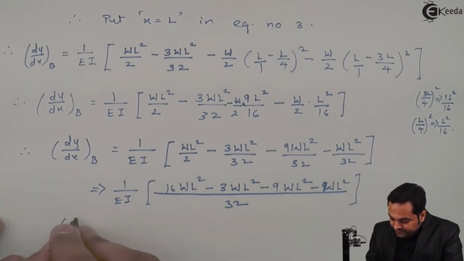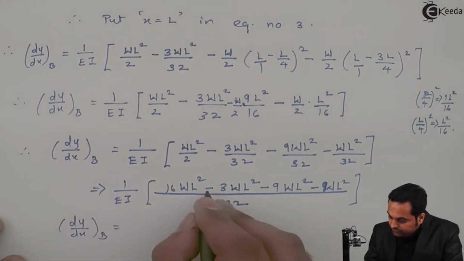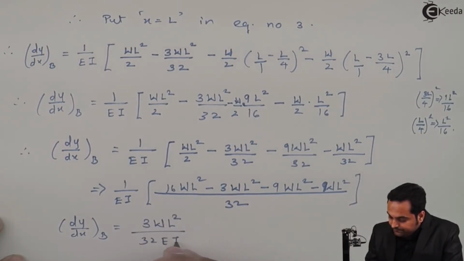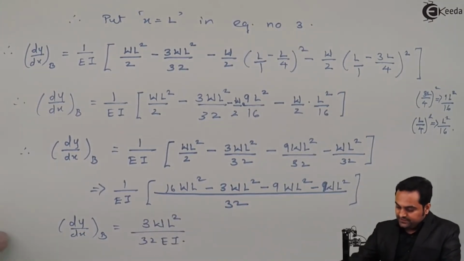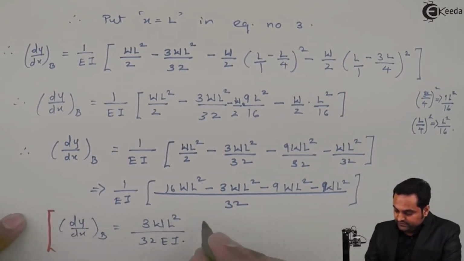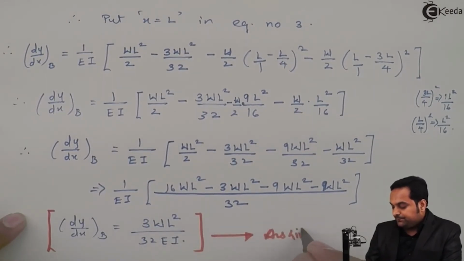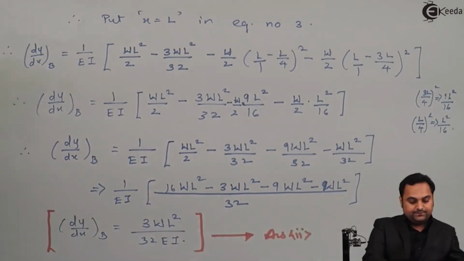So dy by dx at B is equal to 3. This complete term is 3 WL square upon 32 EI. So this is my second answer. That is, I have found out the maximum slope at point B. Answer number second.